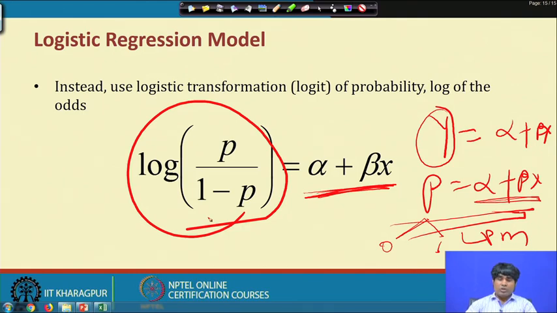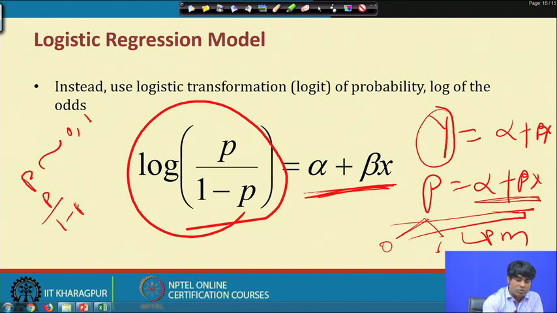Now, corresponding to p values 0 and 1, your ratio p by 1 minus p will vary from 0 to infinity. That means while p varies from 0 to 1, p by 1 minus p varies from 0 to infinite.